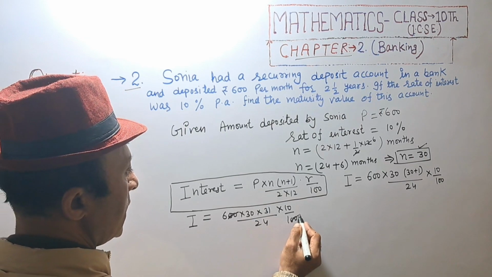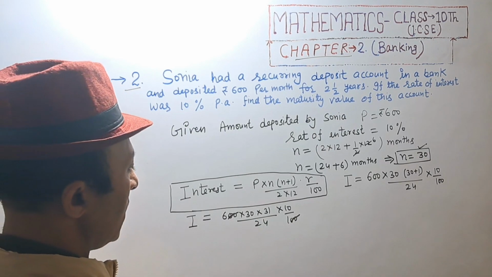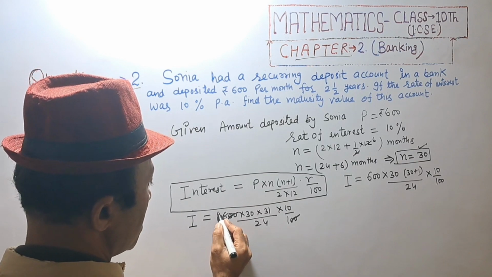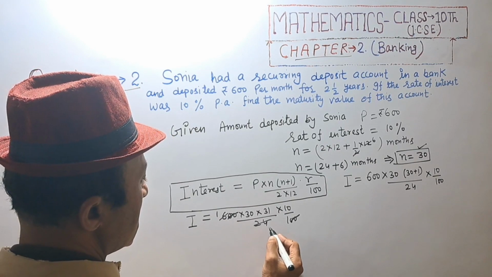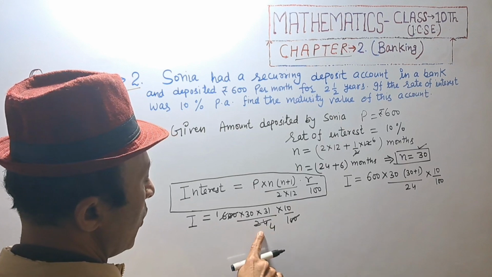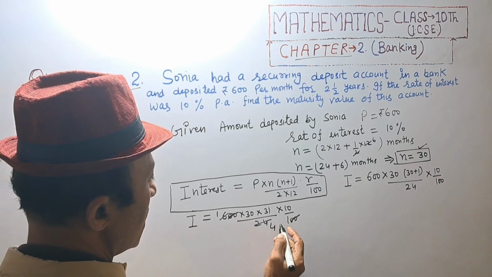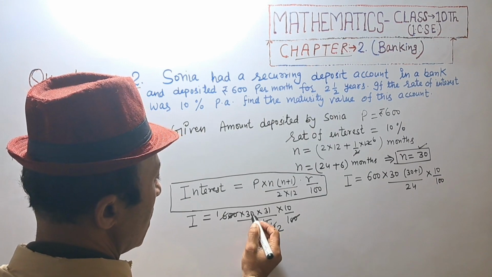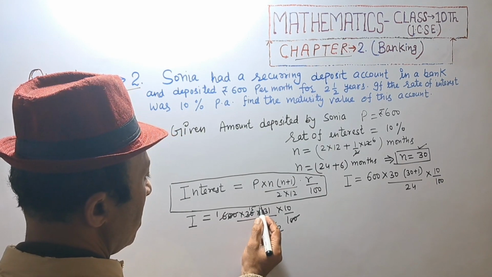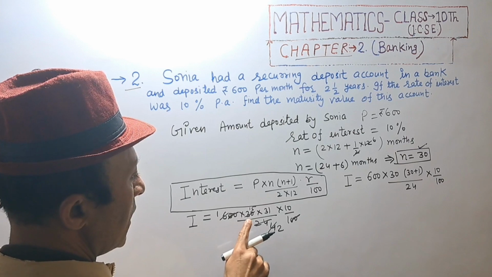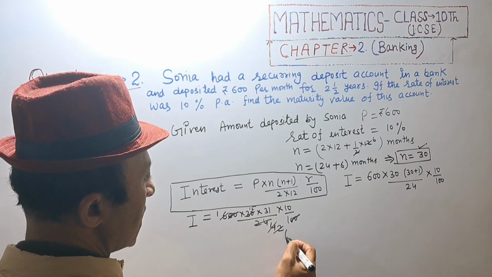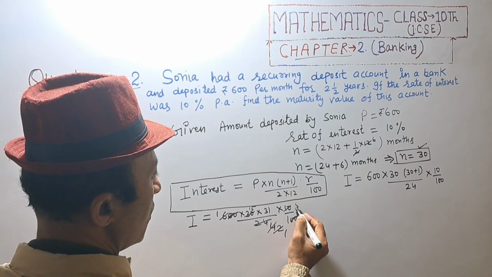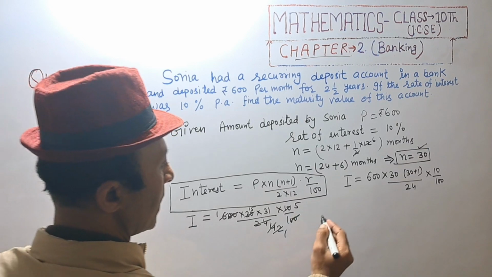2 0 is cancelled. 6 ones are 6, 6 fours are 24, 2 twos are 4, 15 twos are 30, 2 ones are 2, 5 twos are 10.